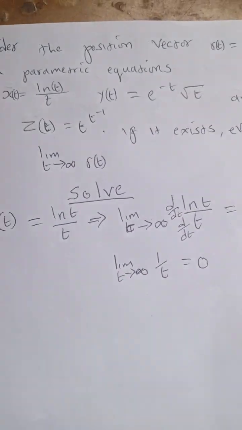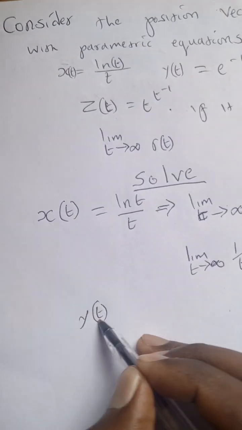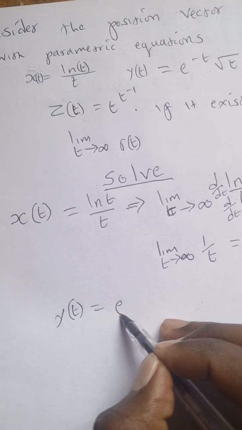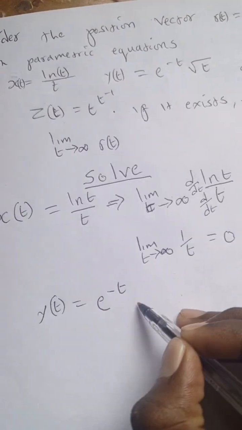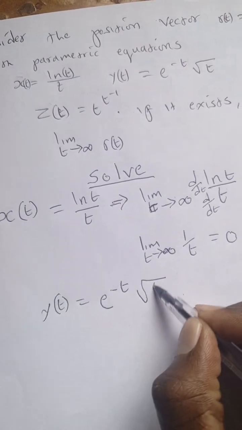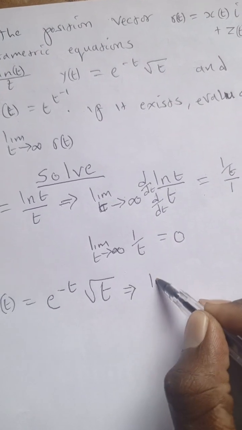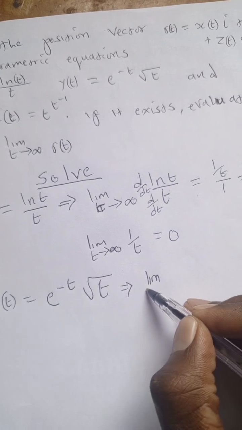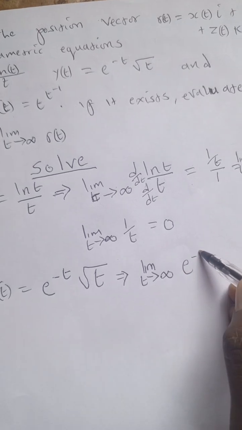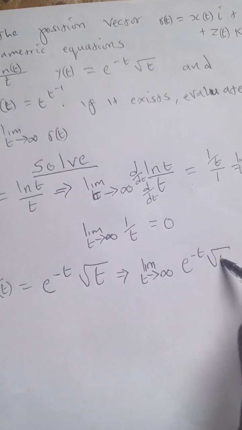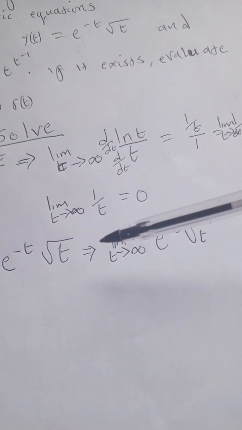Let's try to search for the limit of y. So y(t) is equal to e to the power negative t root of t. This also is the limit as t is approaching infinity. First, let's analyze. We need to be analyzing every question, every parameter.